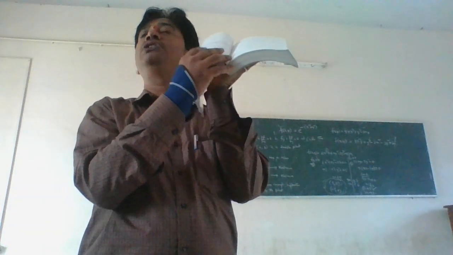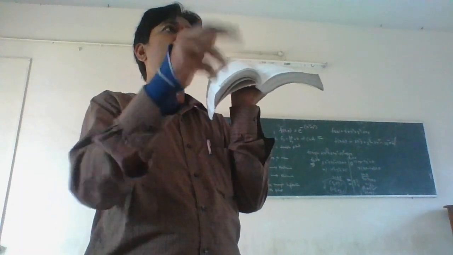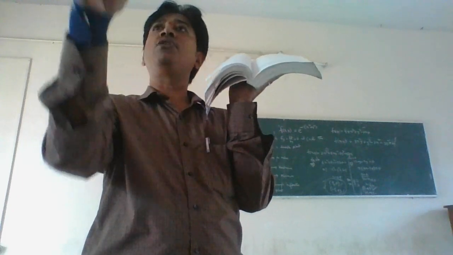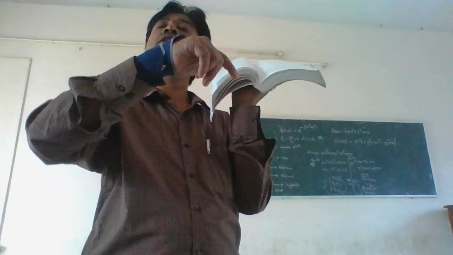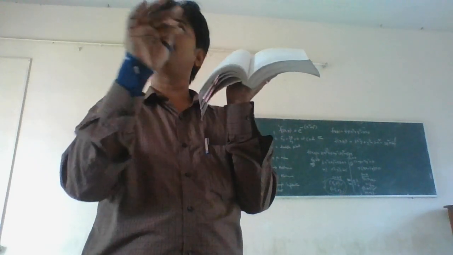Out of these 50 problems, some I already solved in the classroom itself: finding the stationary points, finding convex or concave, single variable or multivariable, finding the maxima, or finding the Hessian matrix.